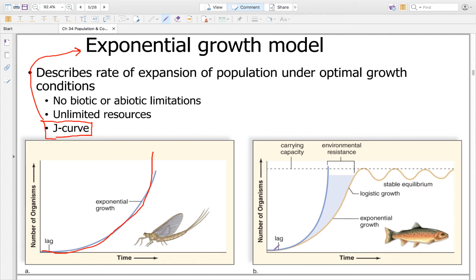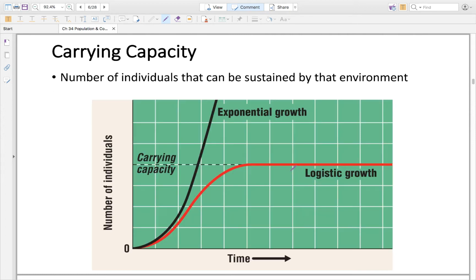So in real life, what happens is there's growth, and it will be exponential, and then it will shift to logistic growth because a population will reach its carrying capacity right there. So what does that mean?